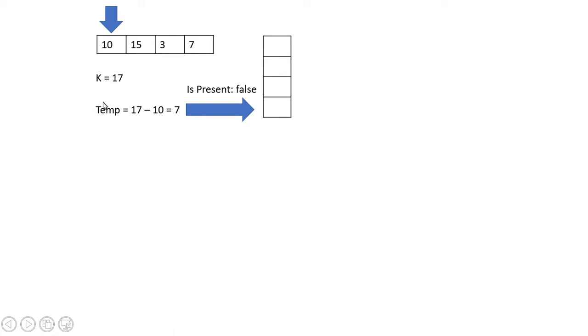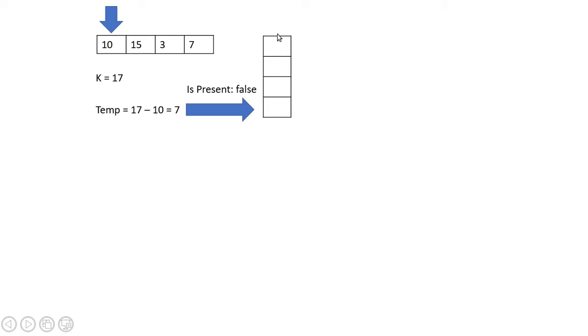I will have a temporary variable in which I will store the difference of k and the element of the array. That is 7. So we will check if 7 is present in this hash set.